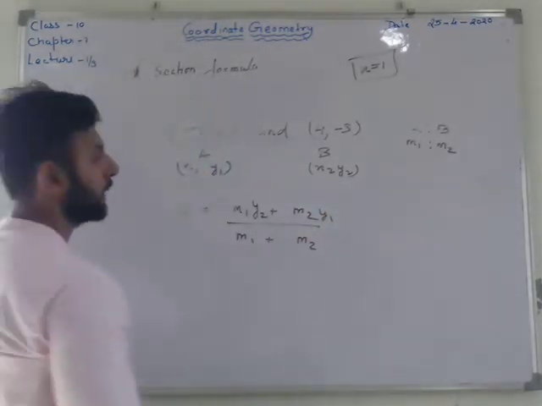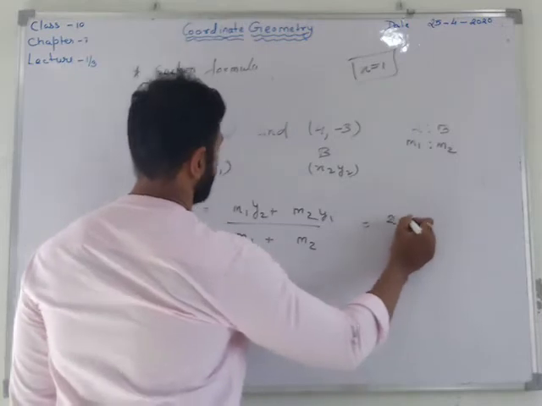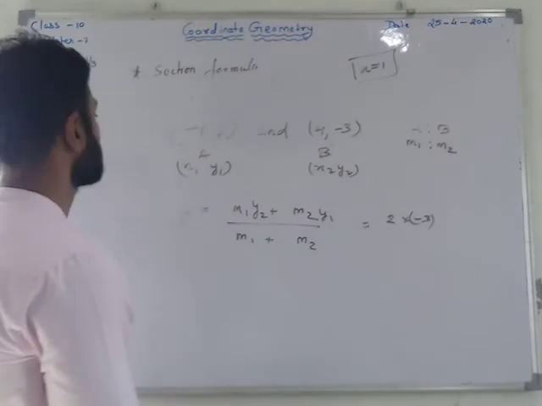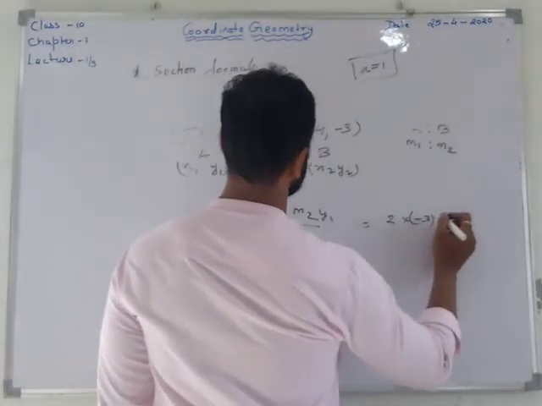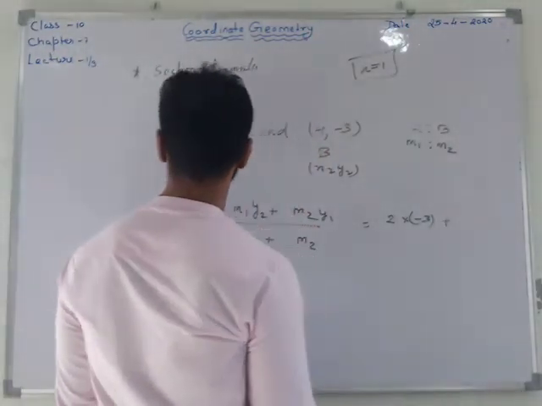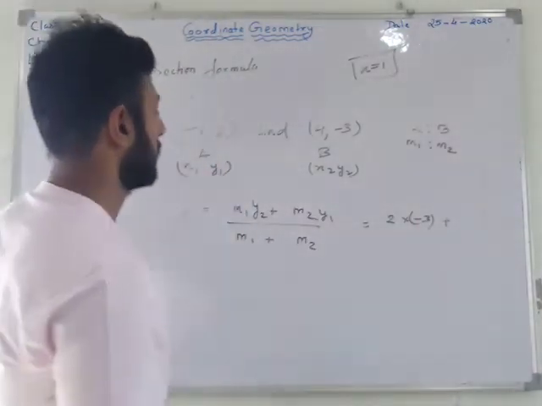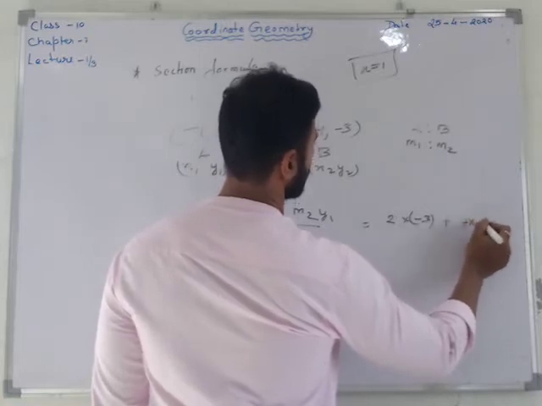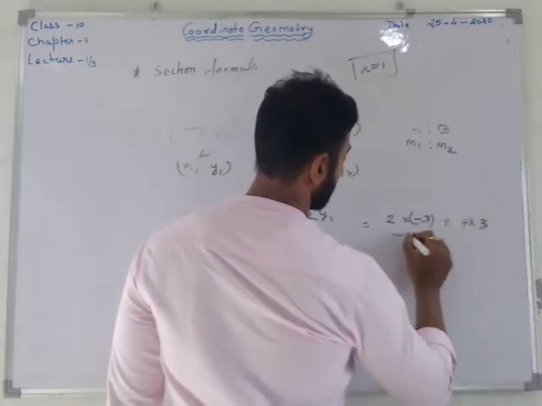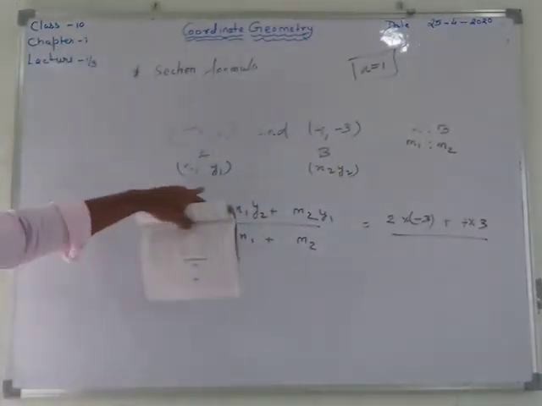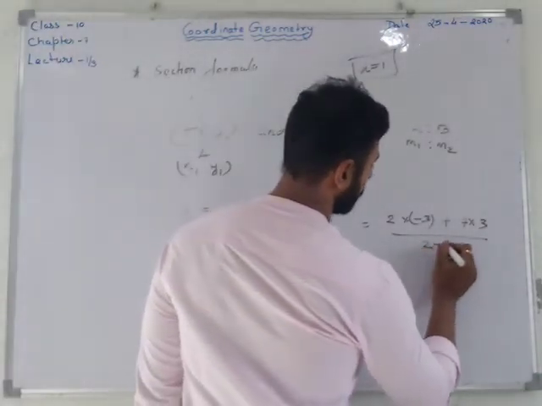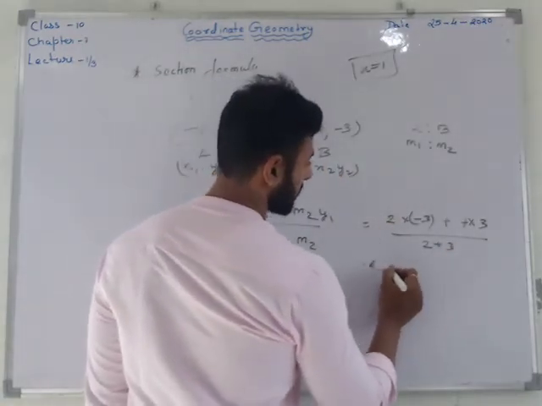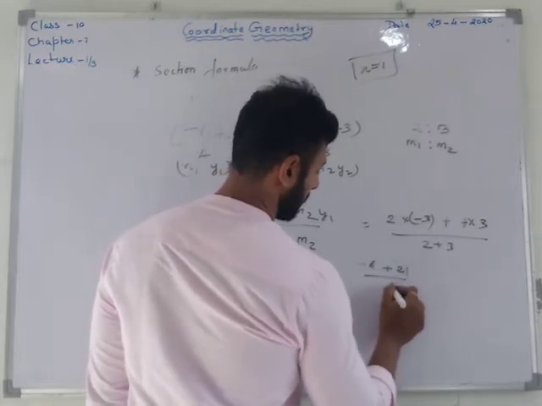Substituting the values, 2 into y2 which is minus 3, plus y1 which is 7 into m2 which is 3, upon m1 plus m2, which is 2 plus 3, which is 5. 2 into minus 3 is minus 6, 7 times 3 is 21, upon 5.